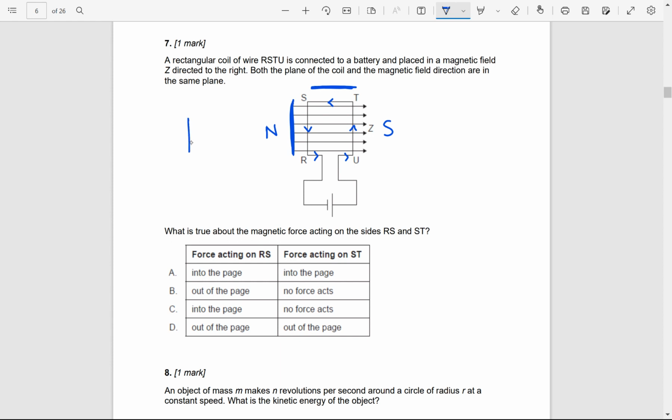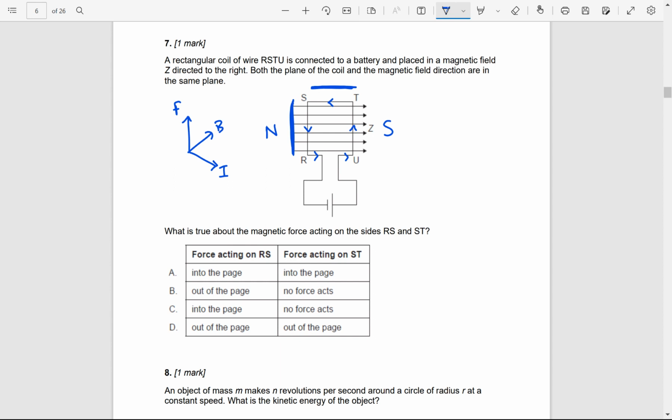So the force, we know that we've got FBI. If you're a little bit rusty with that, check in your textbook, but FBI: we've got force, magnetic field, and conventional current.